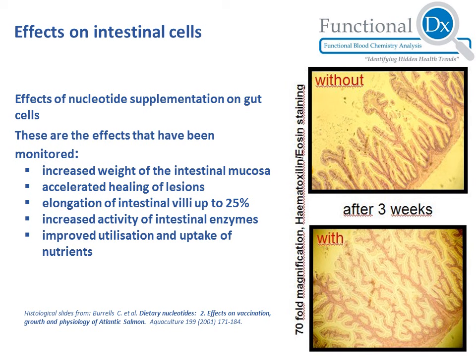When we want to see the effects, which you've seen already, the effects of nucleotides on the gut mucosa are seriously incredible. Within 3 weeks, damaged villi are growing back.